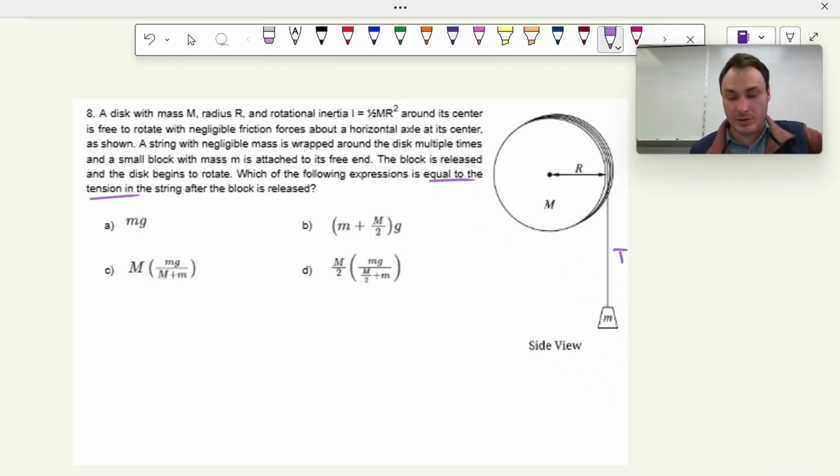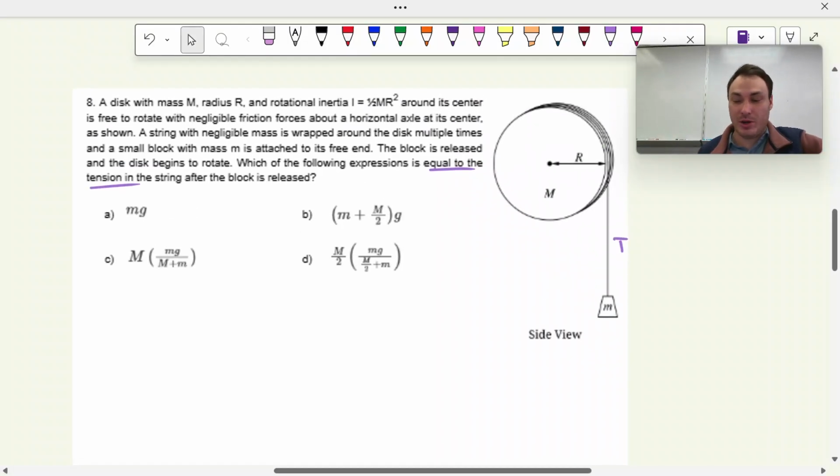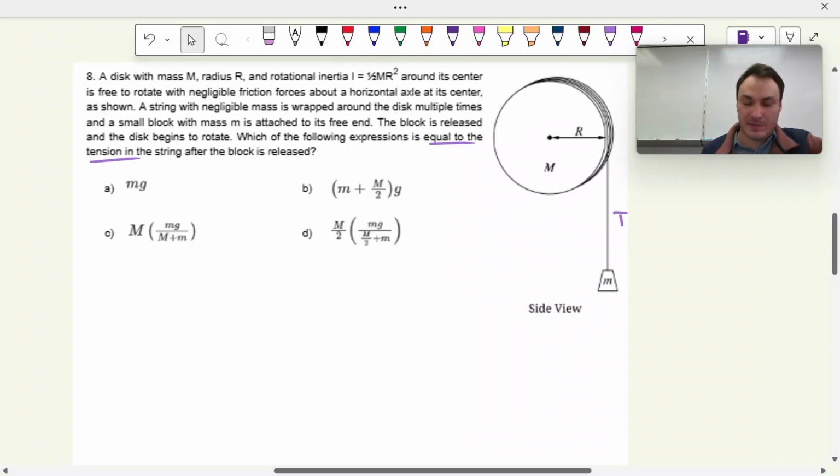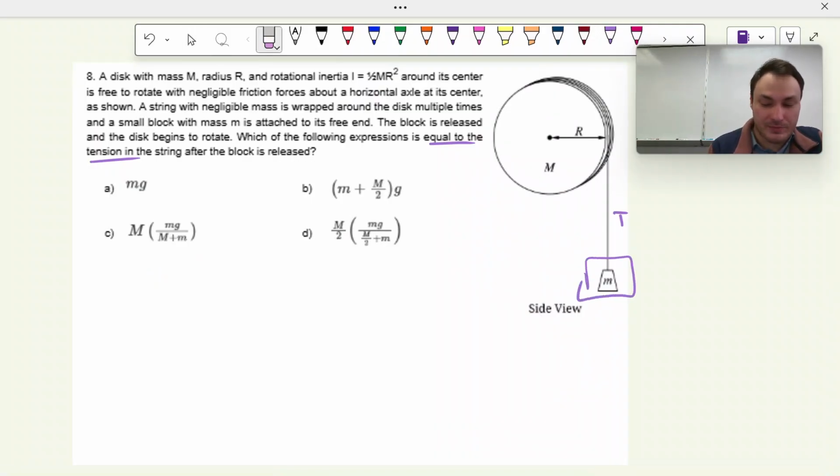So it's seeming like this is going to be a derivation question, so let's buckle up. Let's start off just with a regular free body diagram, looking at this mass. So this mass has a tension pulling up, and it has a force of gravity equal to little mg pointed down.